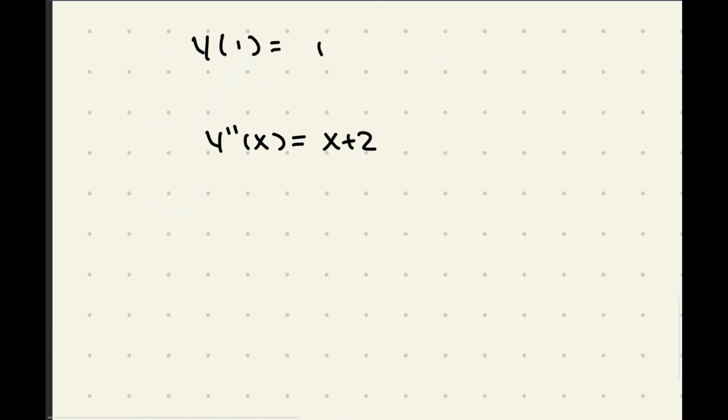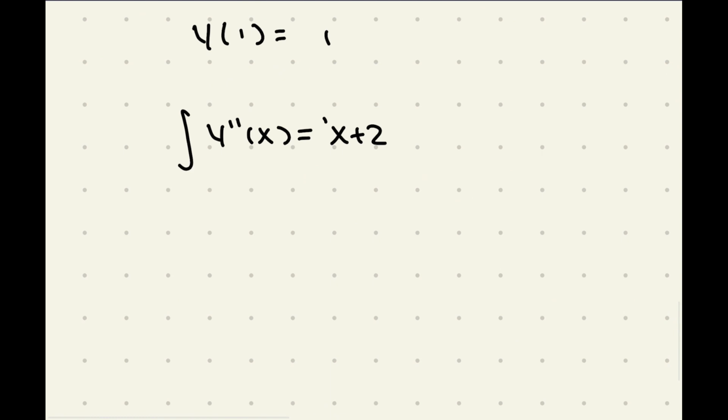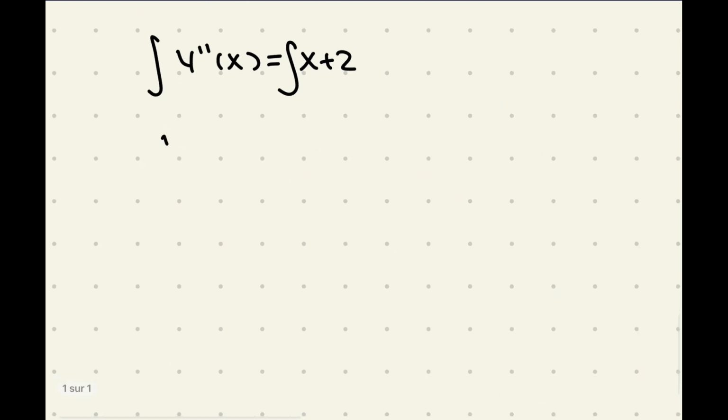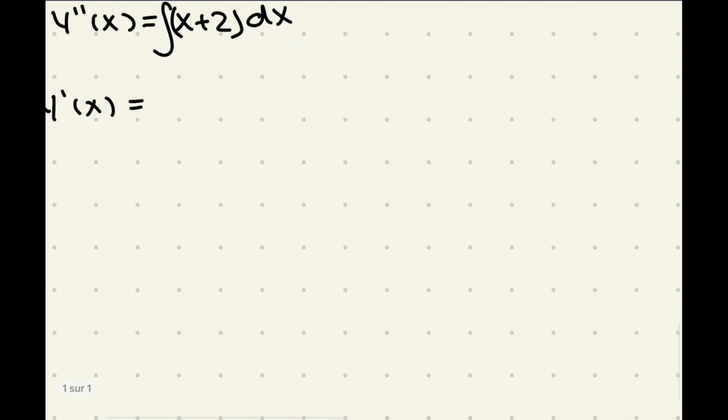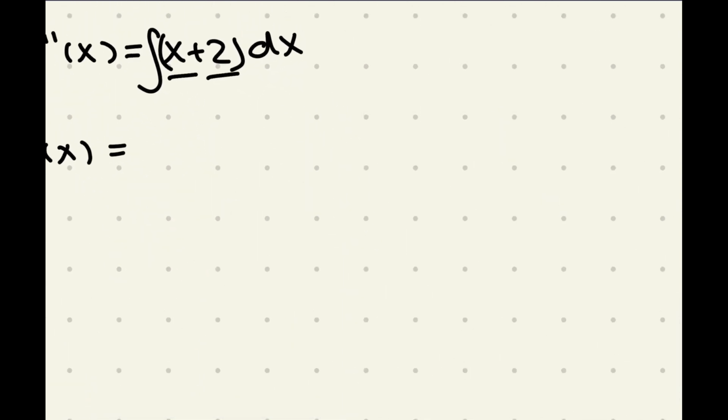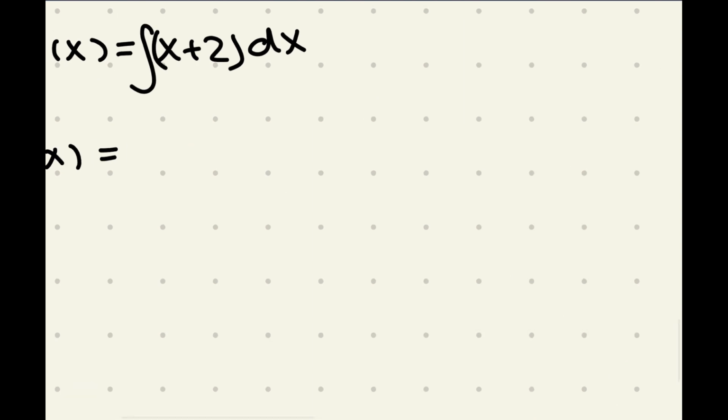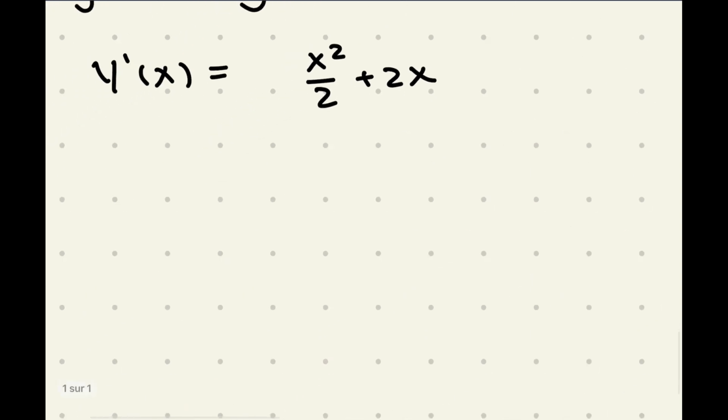Now we integrate both sides. This gives us on the left side y prime, this time a single prime, equals, and for here, we integrate in terms of x. So we have x plus 2. We do basic integration, so it gives us x squared over 2 plus 2x.